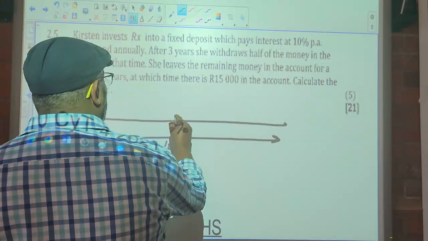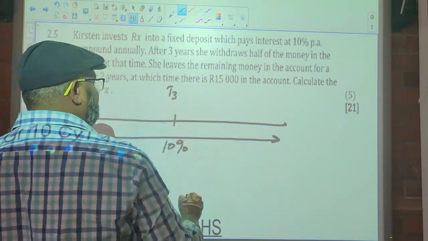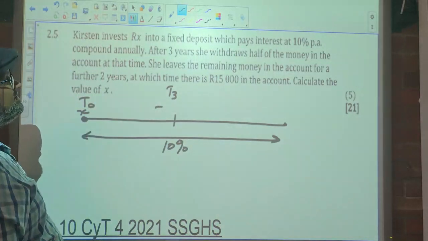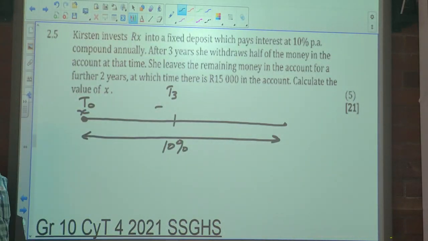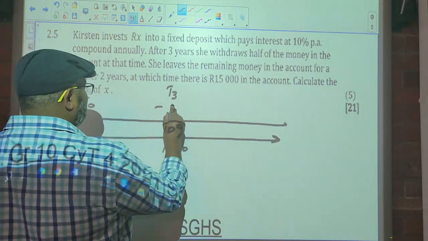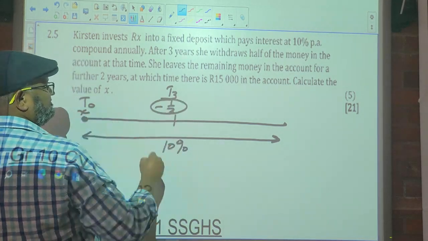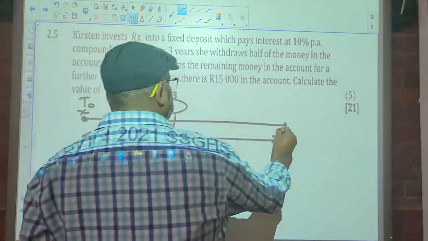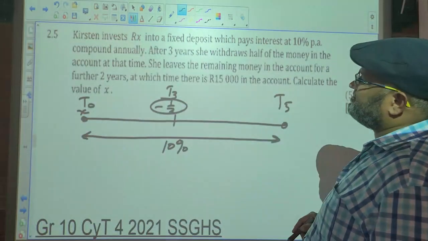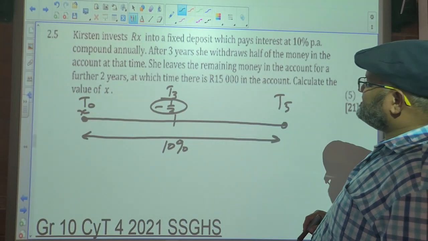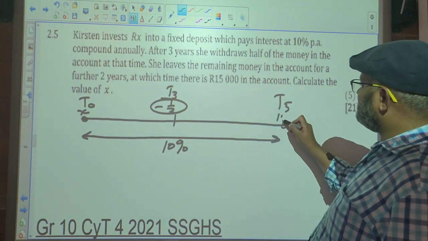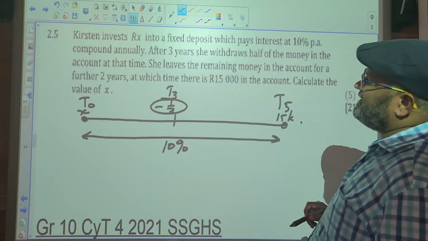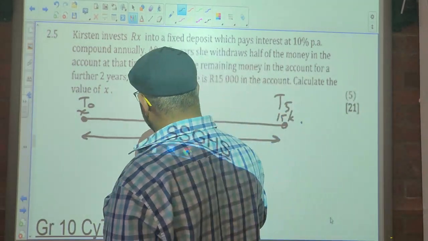After 3 years, she withdraws half the money. That takes you to T3. She withdraws half the money in the account. So whatever the account has, she takes half out. She leaves the remaining money in the account for a further 2 years. So this takes you to T5, at which point there is 15,000 Rand in the account. Calculate the value of X.